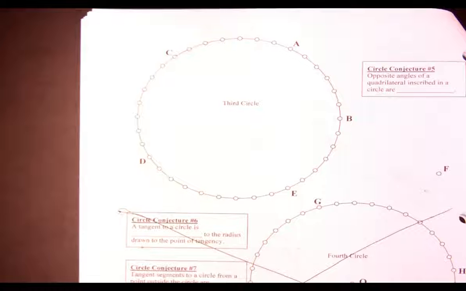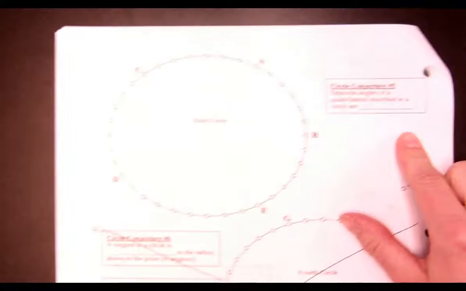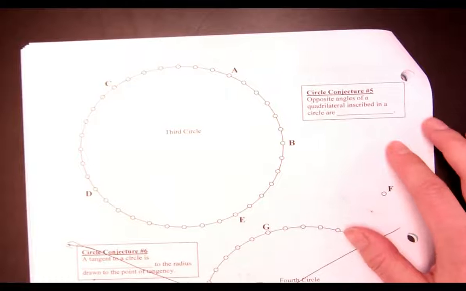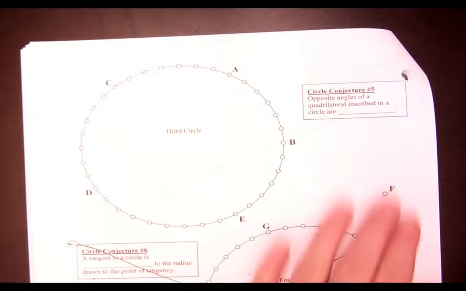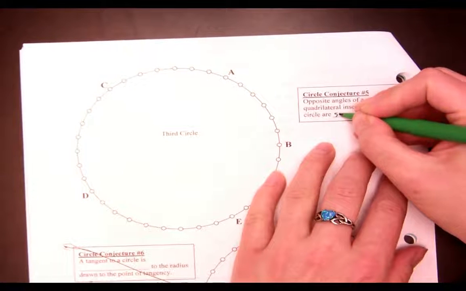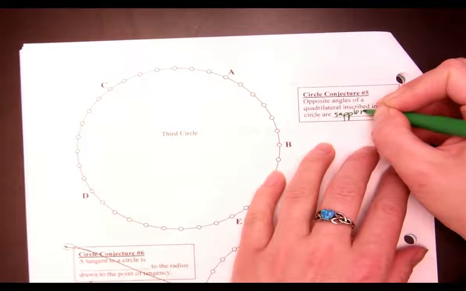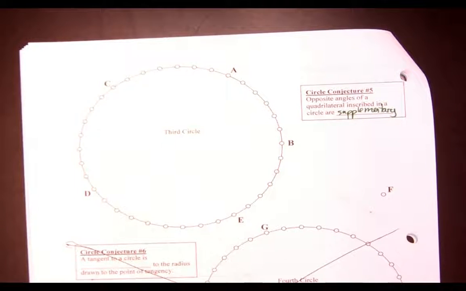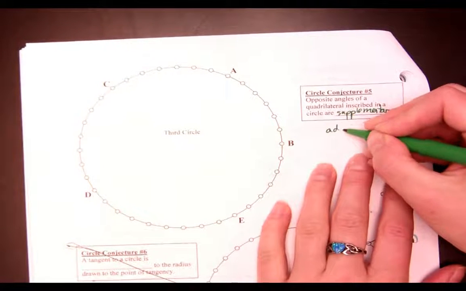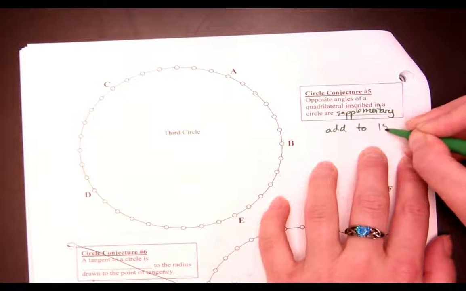You have to pick someone. Alright, who wants to volunteer and rescue that group that didn't get to it? So, circle conjecture 5. You want us to answer the question? Yeah, the question. What'd you get? Supplementary, yeah. Okay, what does supplementary mean? 180. Yeah, they add to 180. Supplementary.